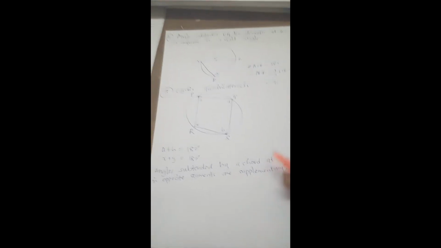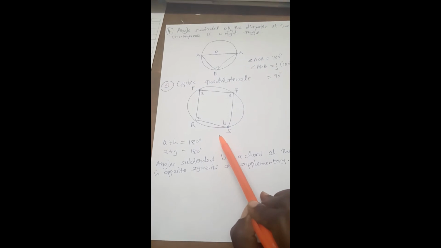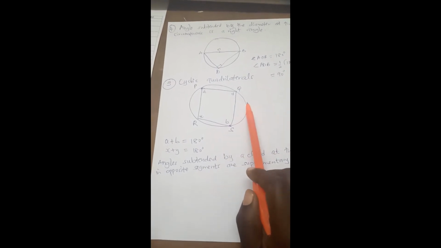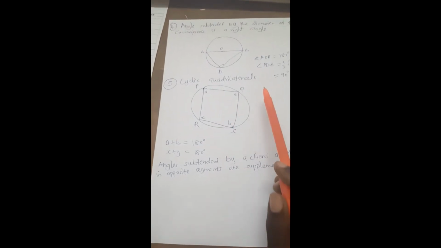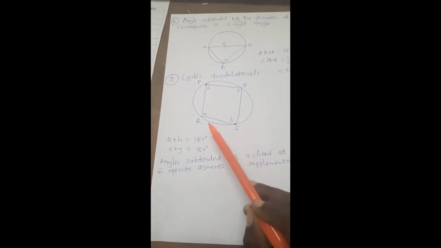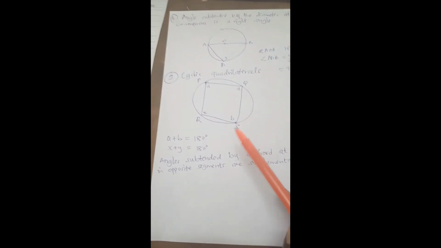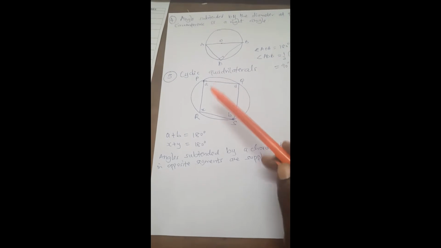Lastly, we have to look at a cyclic quadrilateral. A cyclic quadrilateral is a quadrilateral inscribed within a circle, meaning the four vertices of the quadrilateral touch the circumference of the circle, as shown by this figure.